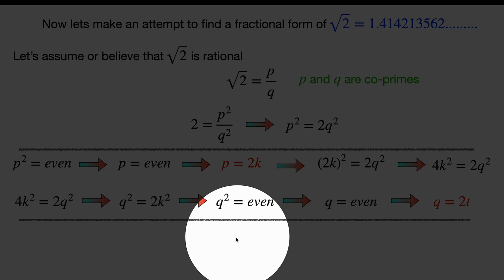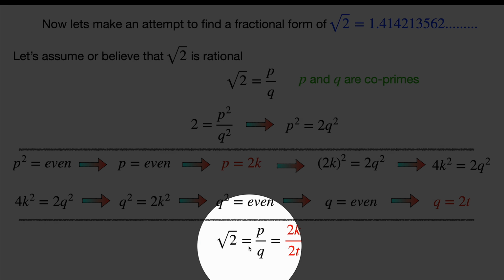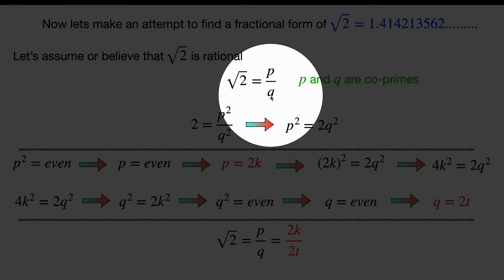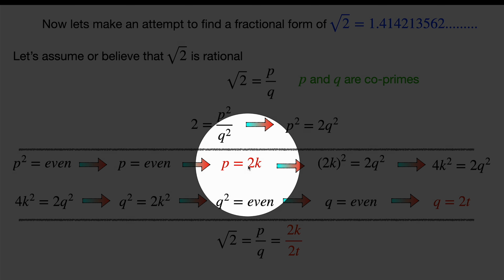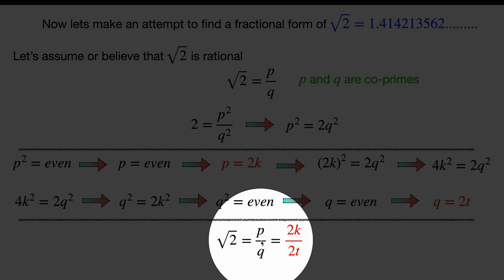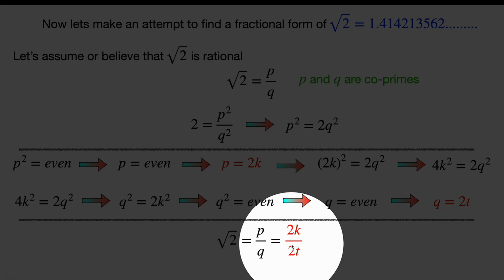Now what does this mean? This means that root 2 is equal to p by q, that is the starting point, and for p and q I'll substitute p equal to 2k and q equal to 2t. So I have root 2 equal to p by q, equaling 2k by 2t.